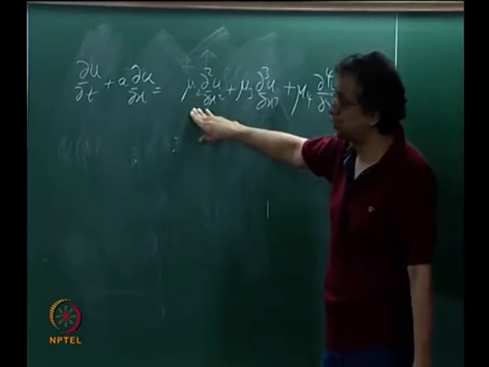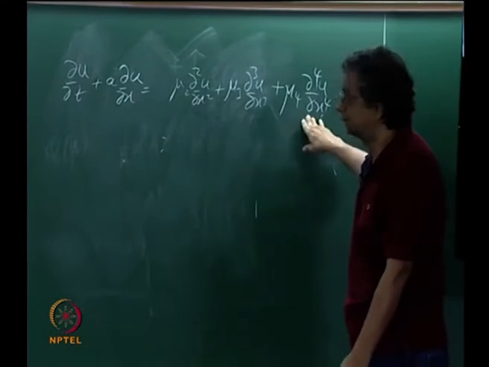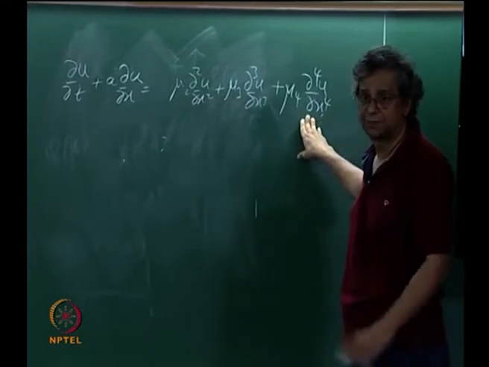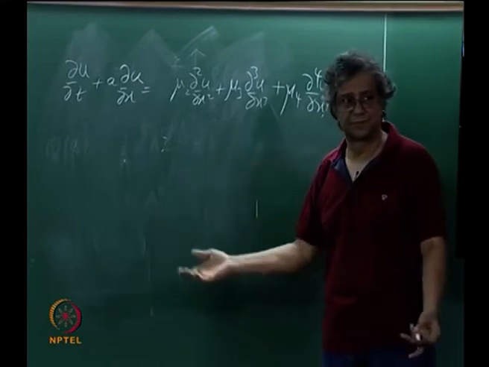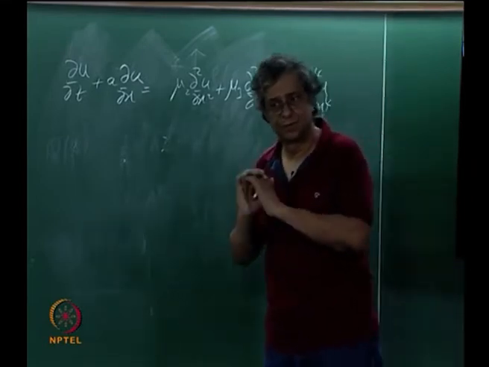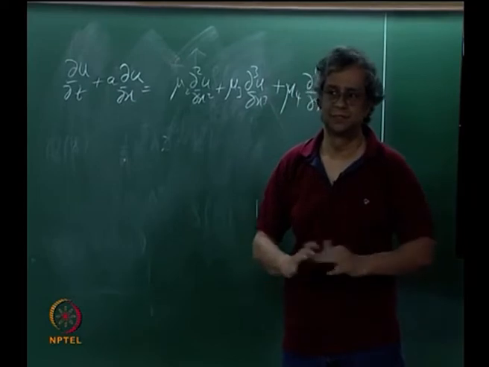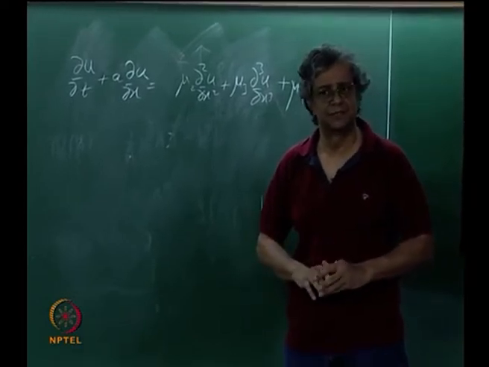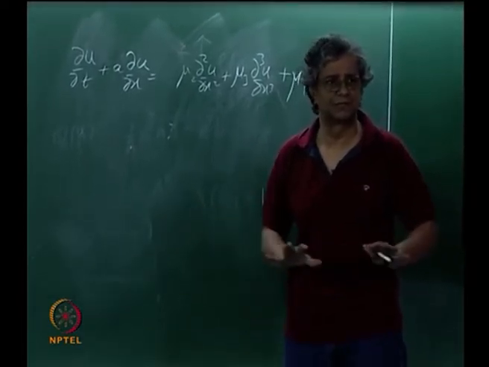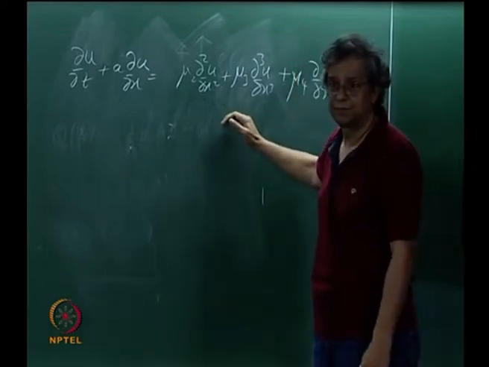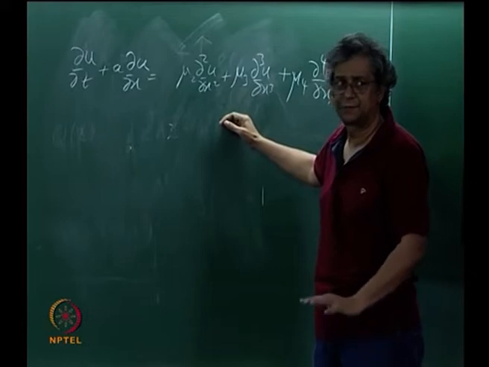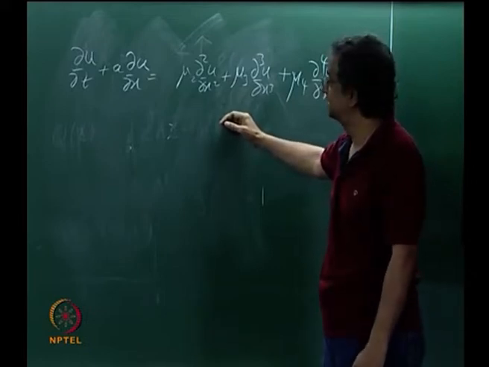So in this case mu2 has to be positive, in this case mu4 has to be negative, that is what we concluded, okay, and this is just dispersive. So we saw decay and we saw dispersion. Dispersion basically means high frequencies and low frequencies travel at different speeds, okay. So which was a very critical, very important phenomenon, different frequencies travel at different speeds.